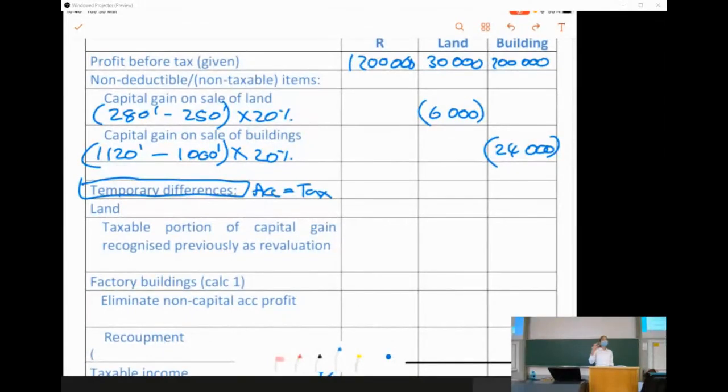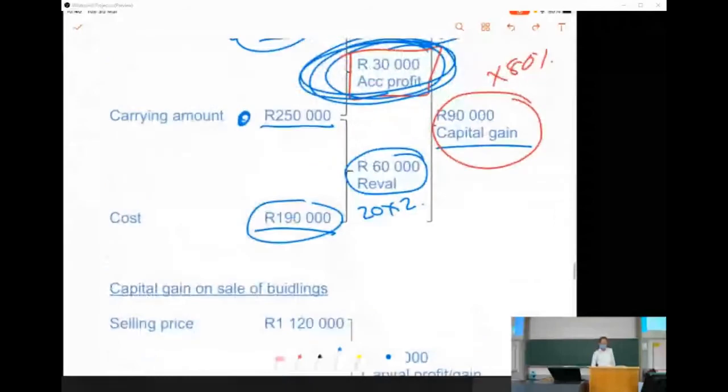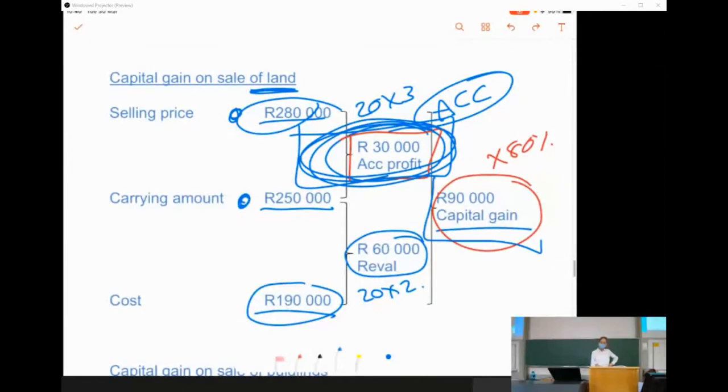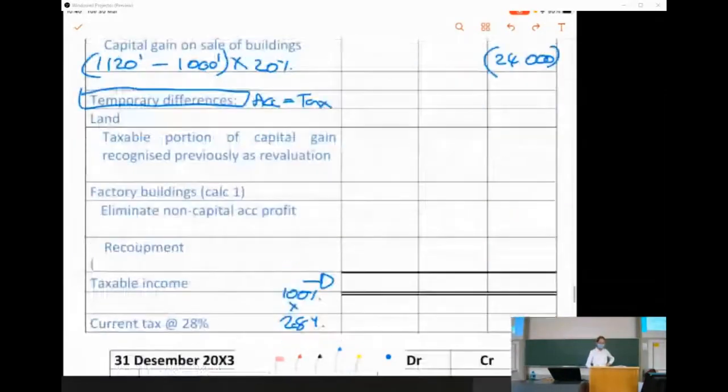So now in the current year, we're selling that asset. And remember, we said that for land, we only included the 30,000 profit for accounting purposes. However, for tax purposes, we want the full capital gain. So that 60,000 is my temporary difference that I accounted for previously for accounting purposes, but now I have to include it for tax purposes.